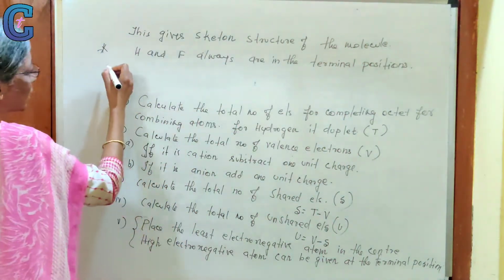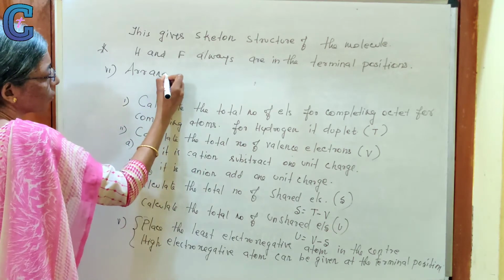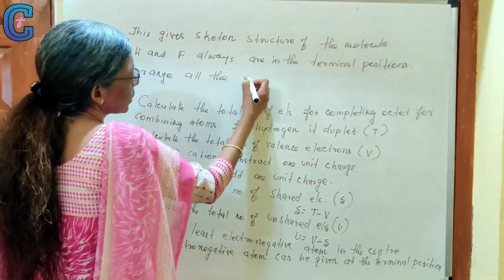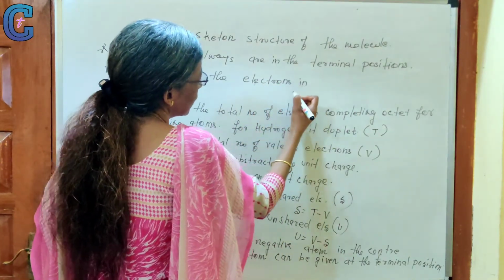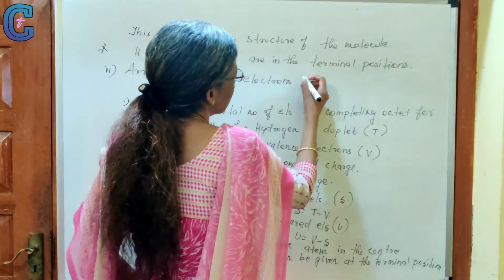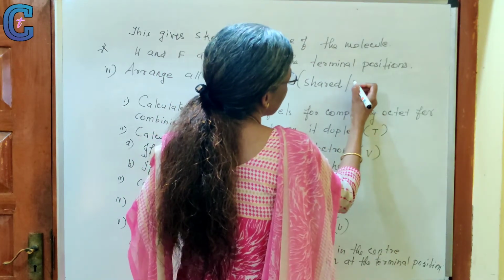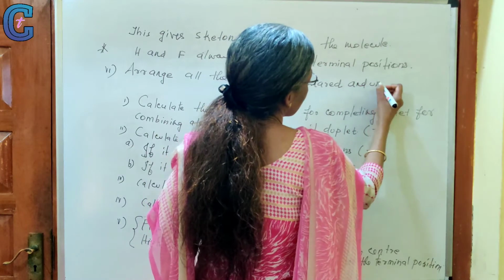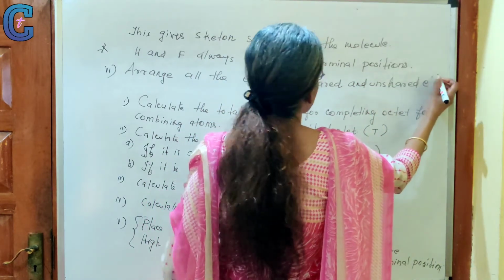Final point, the sixth point: arrange all the electrons in the molecule, shared and unshared electrons.